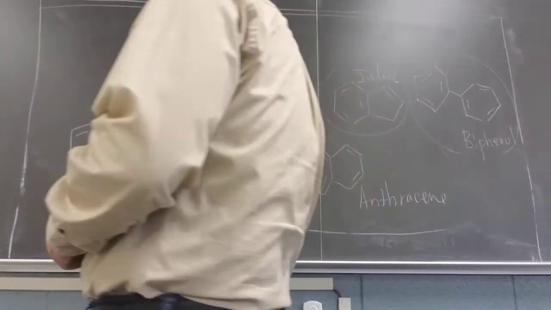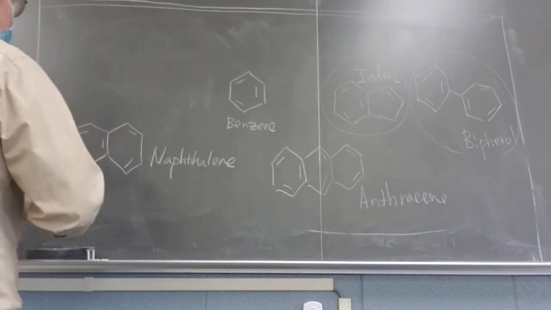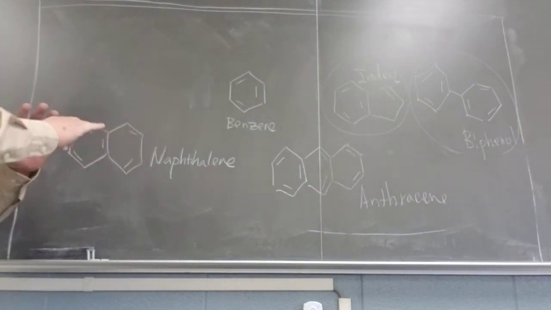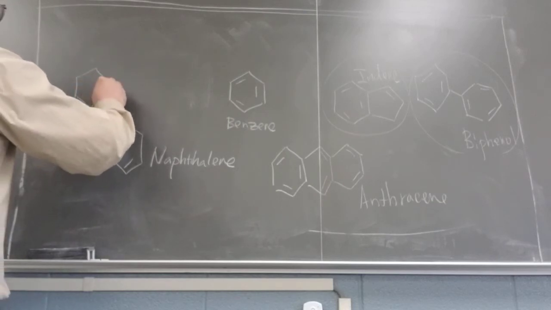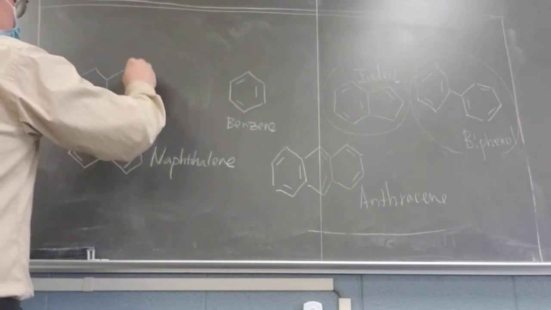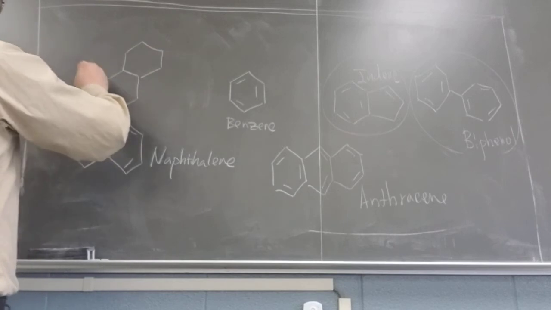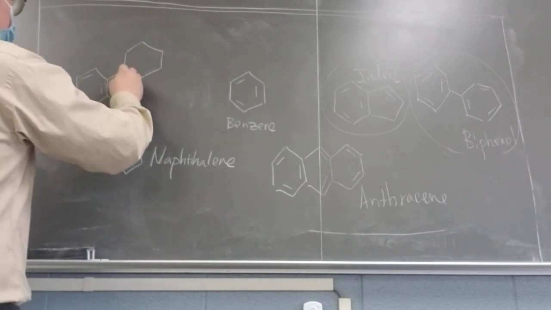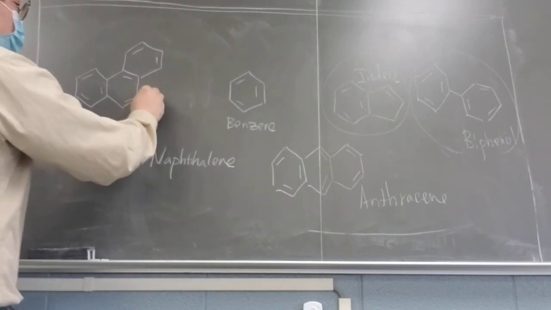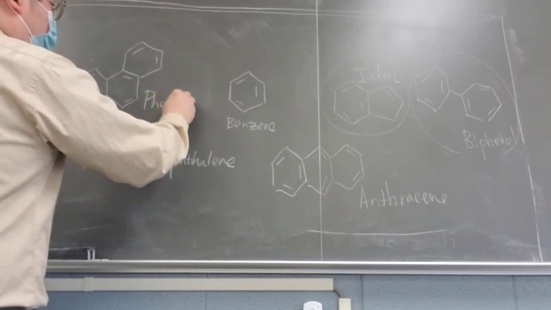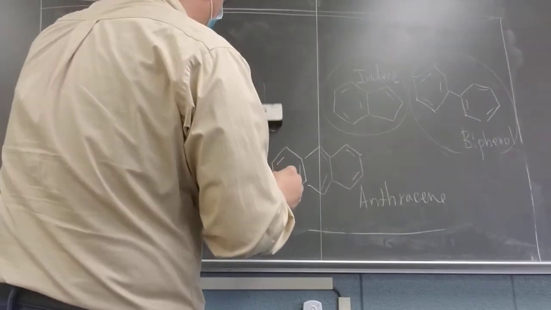And then we have another one. So it's not just that. There are so many things just like this. We also have this one. This is what we call phenanthroline.